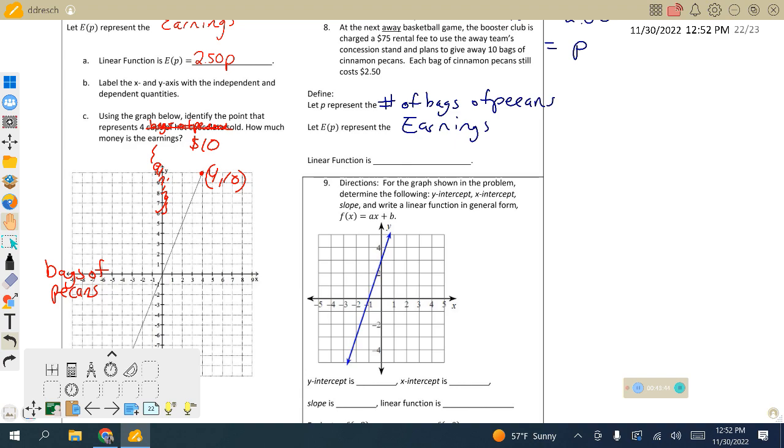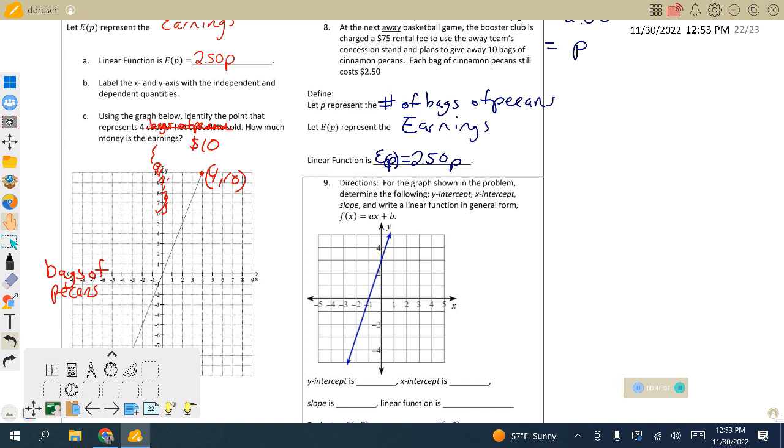So to make that pecans earnings, that F of p is equal to, got to make the money first. We're making the money by charging $2.50 a pop, so 2.50p. Cool. But now we have to subtract out like we've seen before.